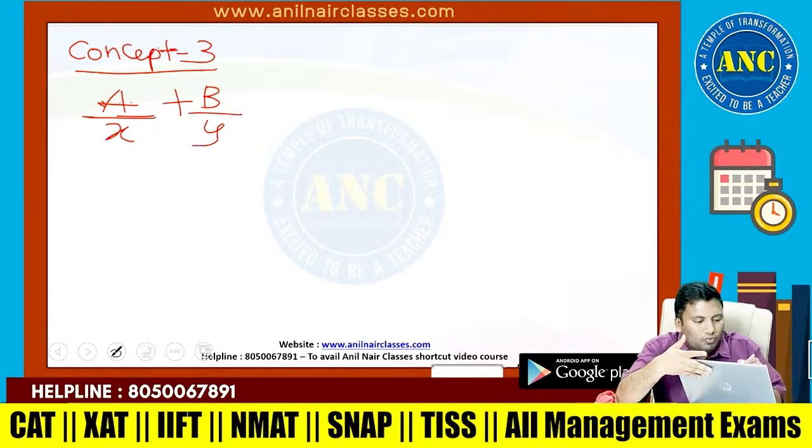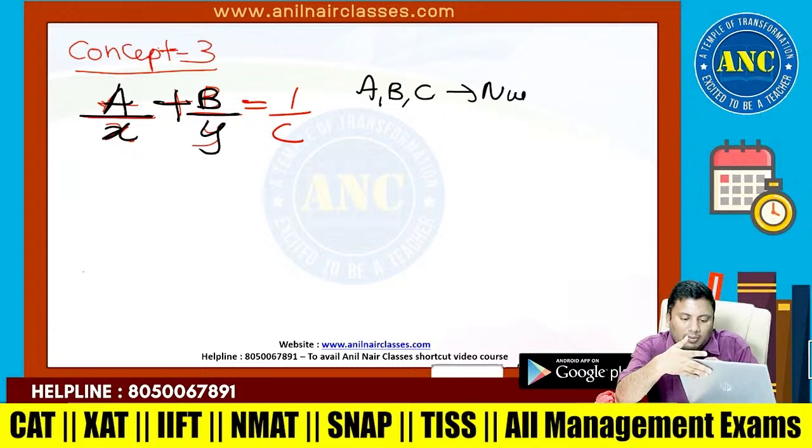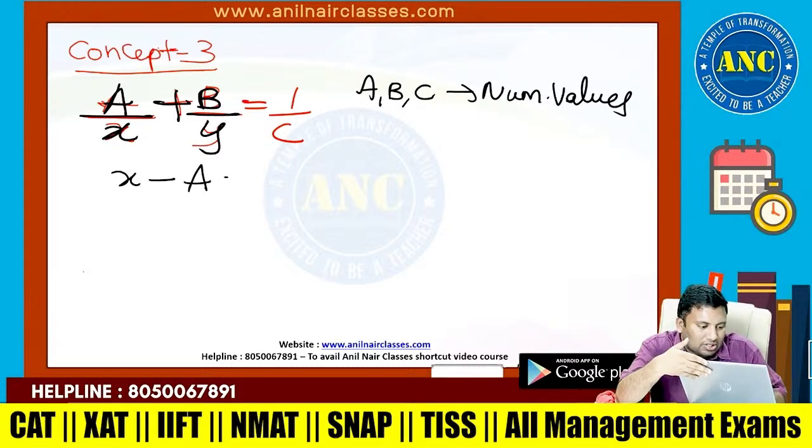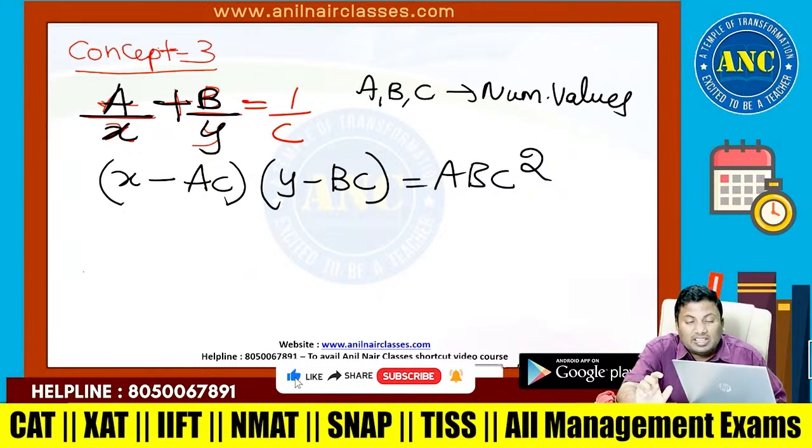If the question is of the form a by x plus b by y equivalent to 1 by c, where a, b, c are numerical values, this can be written as x minus AC. I will tell you why I am writing like this. ABC square. It is not ABC whole square. It is A into B into C square. Please write down this point.